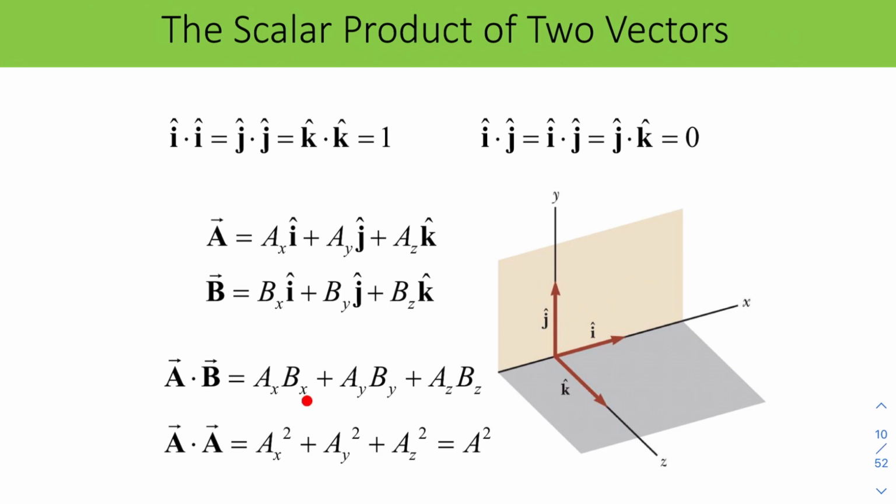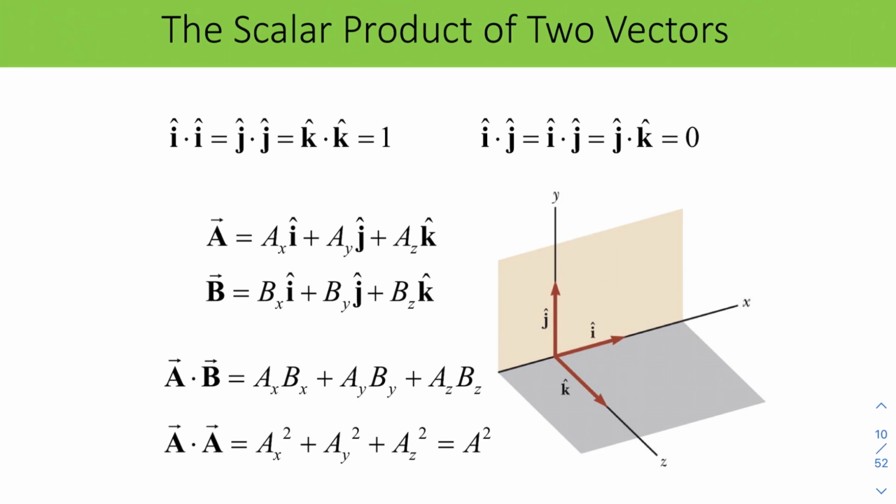The I becomes 1 because I dot I becomes 1, so it is not written here anymore. J dot J also becomes 1, so it is not written here anymore. Hopefully you get this idea.